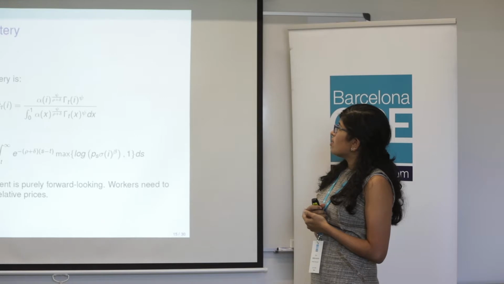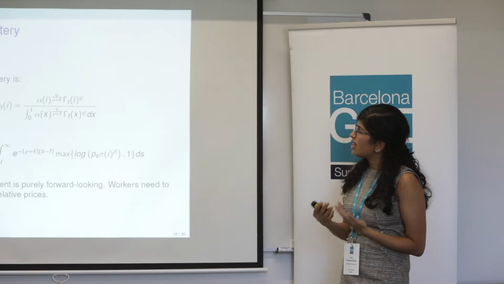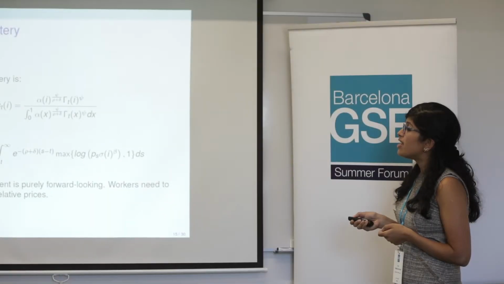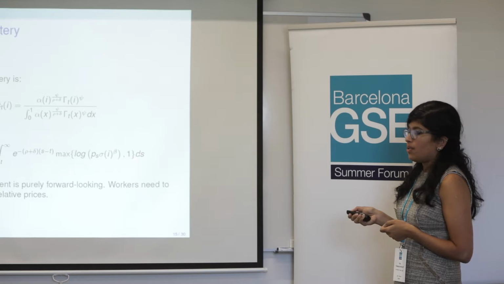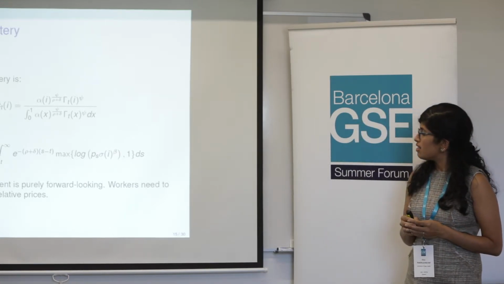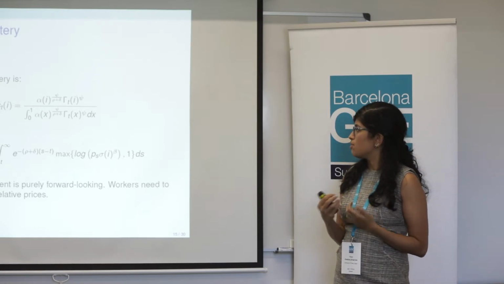We can also rewrite that equilibrium skill lottery in a manner that makes it very explicit that this is forward looking. All we're doing is defining this function we call gamma, which is the present discounted value of the relative wages, and 1, max of the two. This really highlights that skill investment is purely forward-looking.